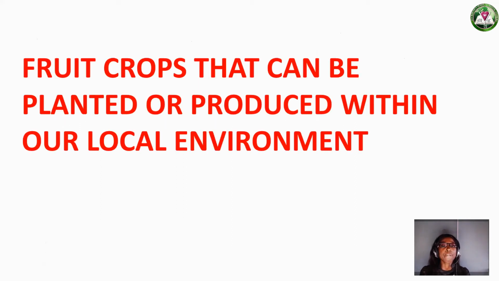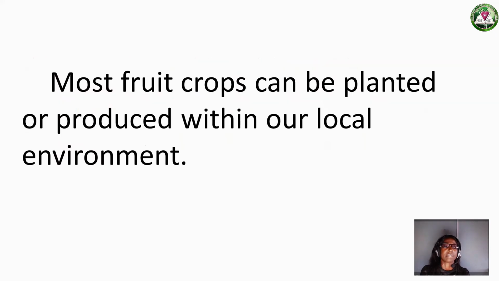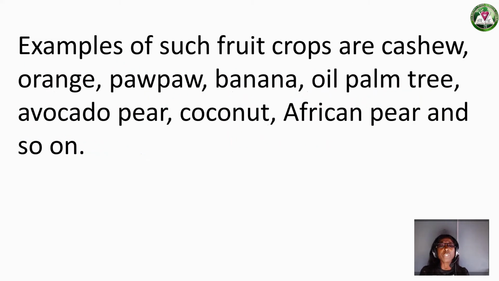Now let's see fruit crops that can be planted or produced within our local environment. Most fruit crops can be planted or produced within our local environment. Examples of such fruit crops are, we have cashew.